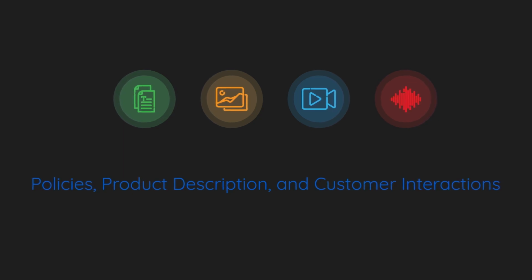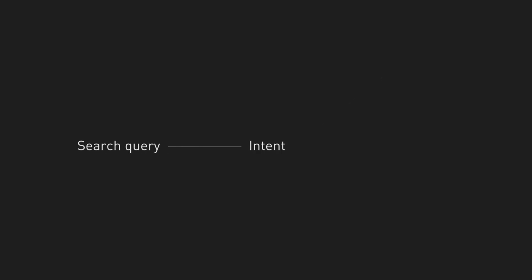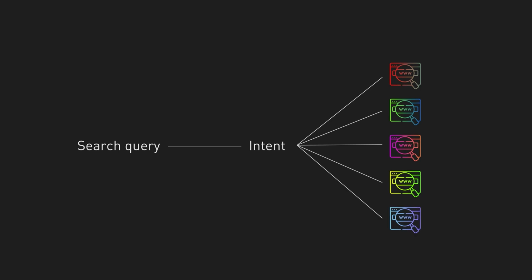One of the most well-known examples of a vector database is Google Search. When you type a query into Google, it doesn't just match your words with keywords on web pages. Instead, Google uses a vector database to understand the meaning behind your query, your intent, and retrieves the most semantically related web pages. This is why Google can deliver incredibly accurate results, even if your search doesn't exactly match the words on the page.